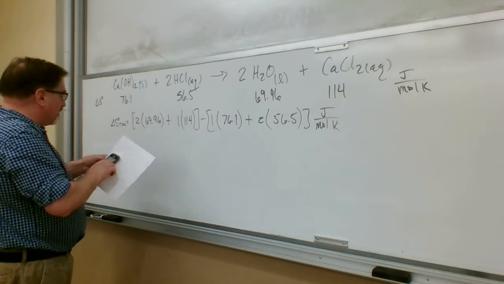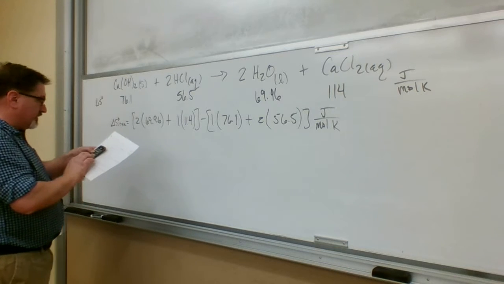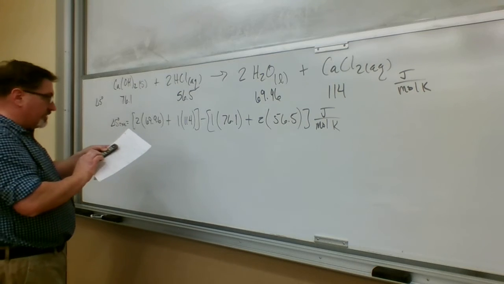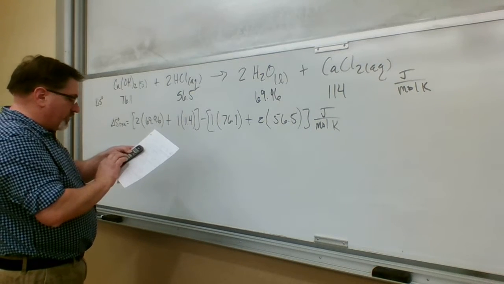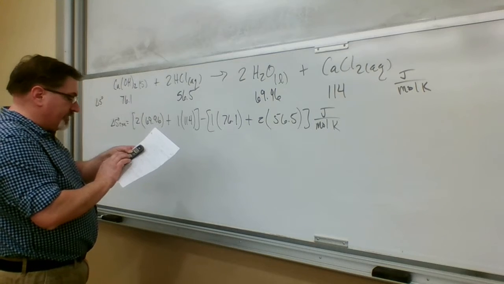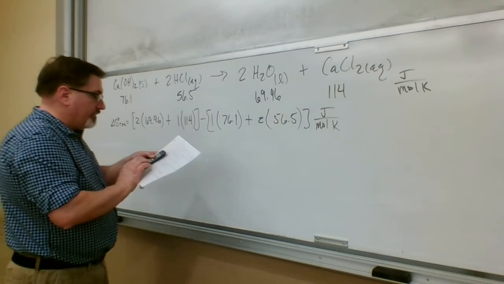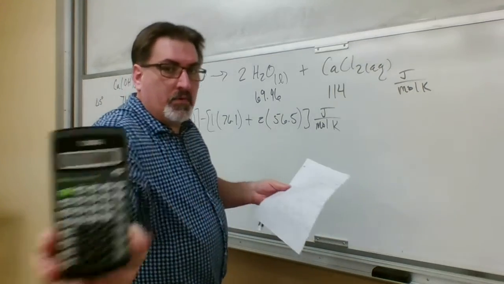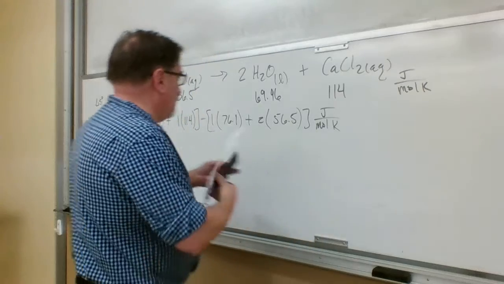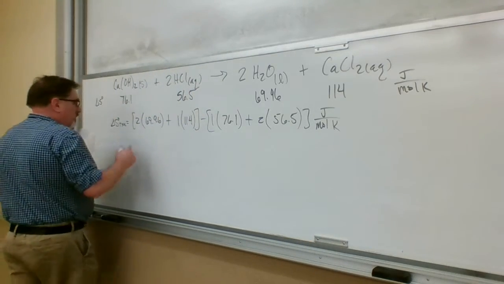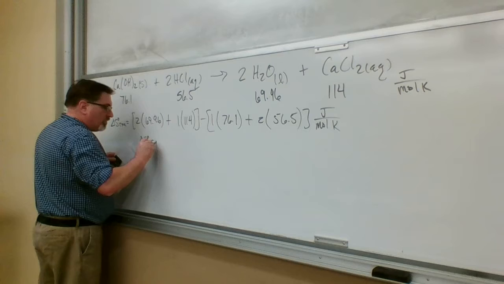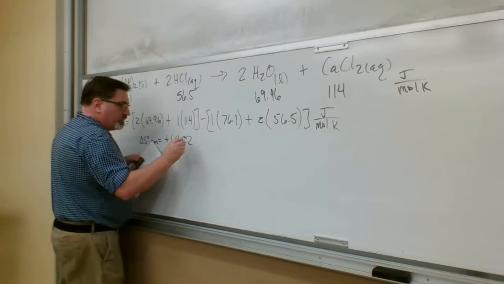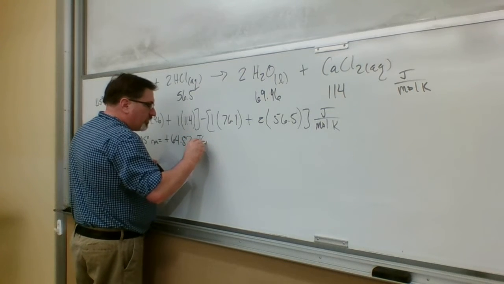Let me run that through a second time. 2 times 69.96 plus 114 minus 76.1 minus 2 times 56.5. Okay, 64.82 is what I have shown on my screen. So plus 64.82 joules per mole Kelvin.